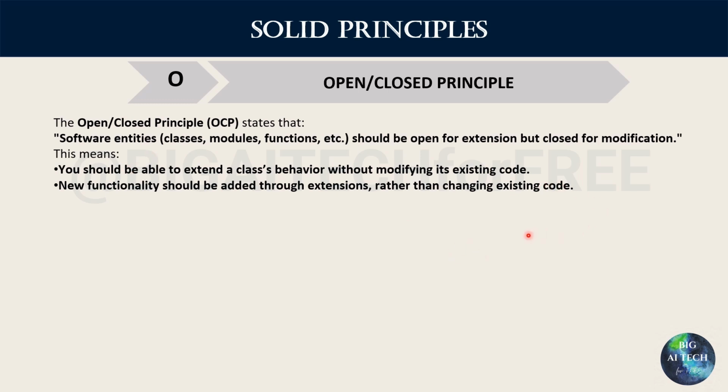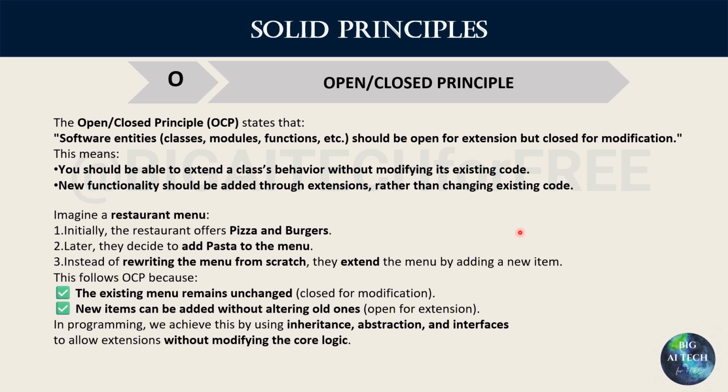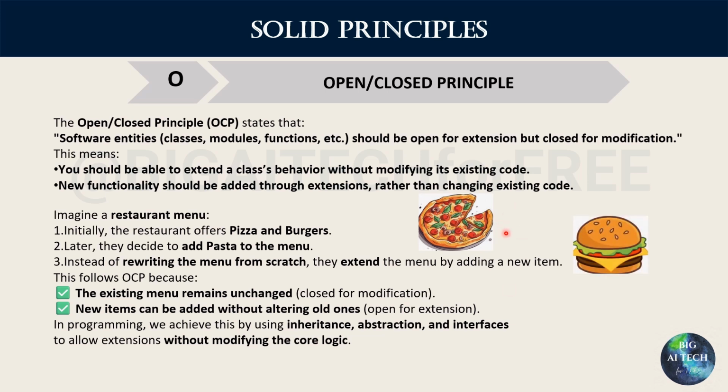Take a real life example. You have a restaurant which is currently serving pizza and burgers. Later, they decide to add pasta to their menu. Instead of rewriting the menu from scratch, they can extend the menu by adding a new item, pasta, to the end of their menu. So the existing menu remains unchanged. That means it is closed for modification, and new items can be added without altering the old ones.